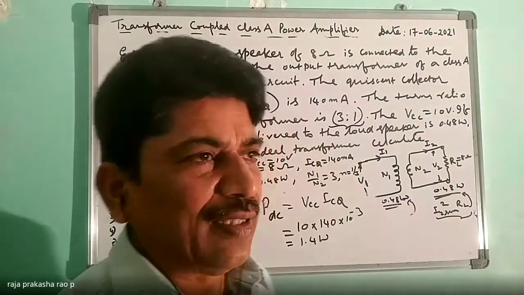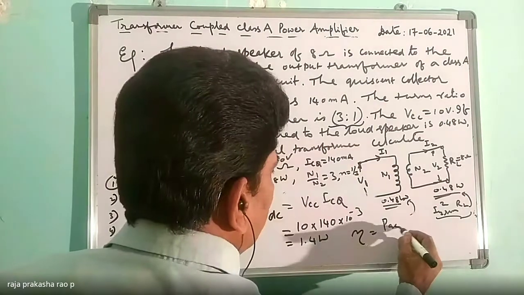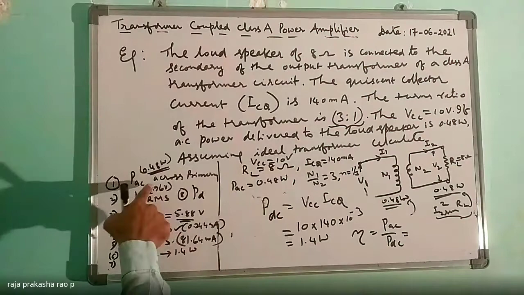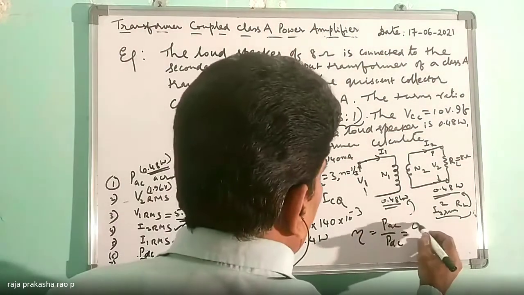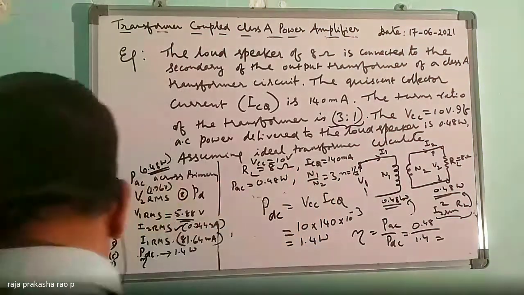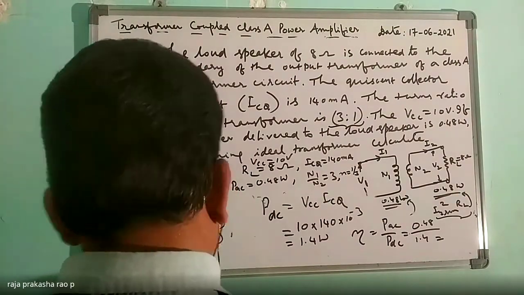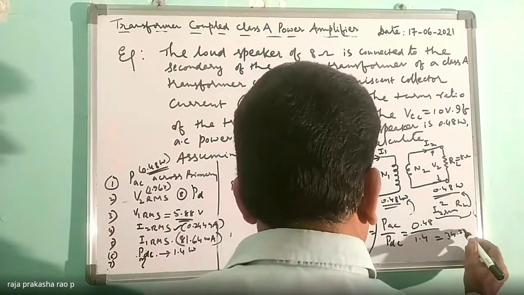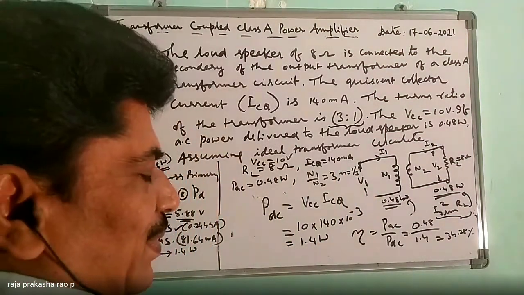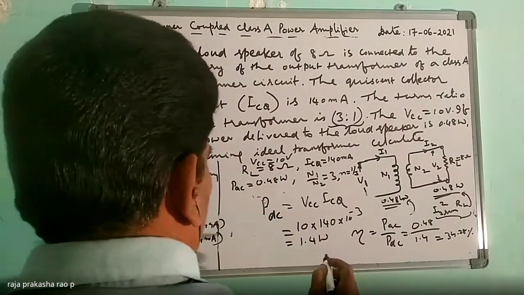I already found PAC, which is 0.48, so 0.48 by 1.4, which is equal to 34.28%. It is more than 25%, but not 50%. Ideally, it was 50% when we derived it.